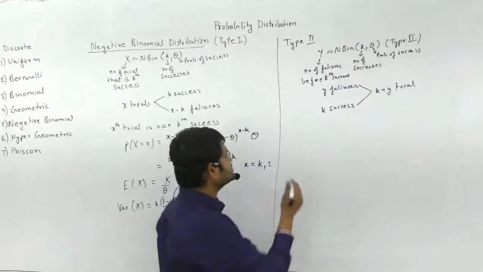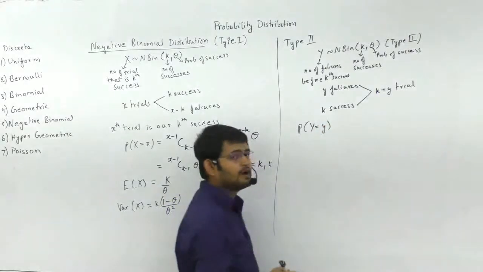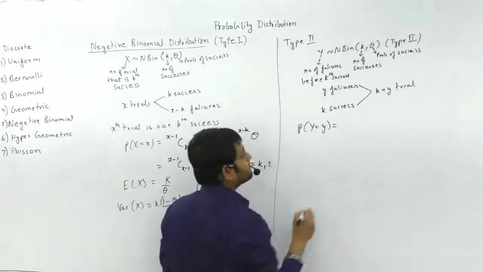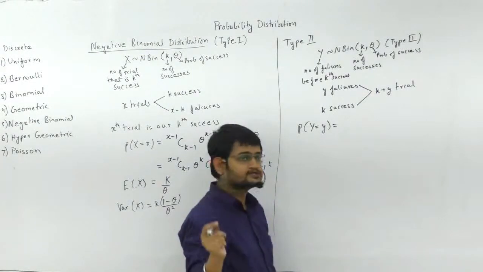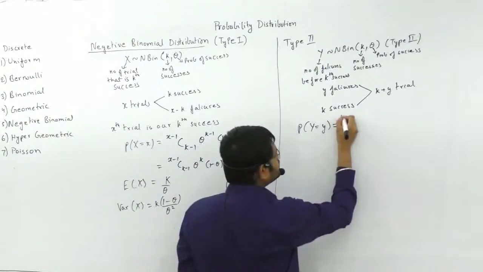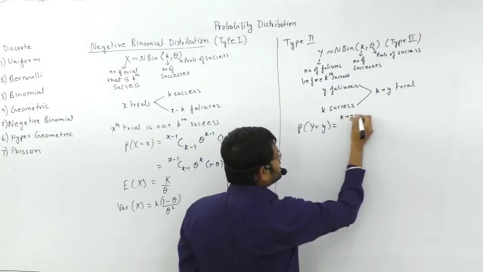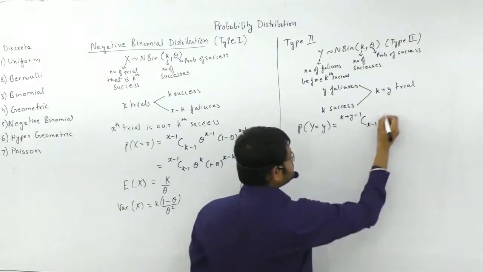That means, if I want to find the probability Y equals y, I will have to select, out of k plus y minus 1 positions, k minus 1 positions.